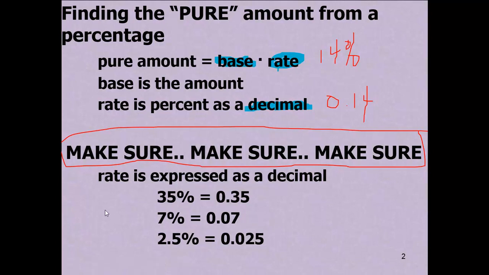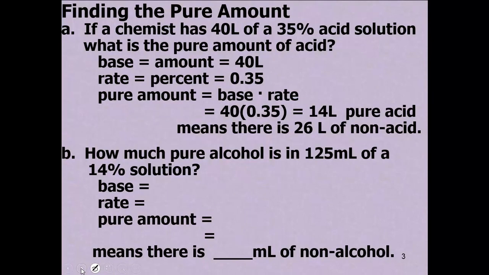Okay, let's move along and let's do some of this stuff. Finding the pure amount. If a chemist has 40 liters of a 35% acid solution, what is the pure amount? So I'm going to go to my highlighter here real quick. All right, so we have 40 liters. This is your base, okay?